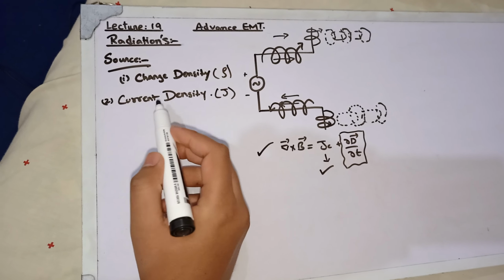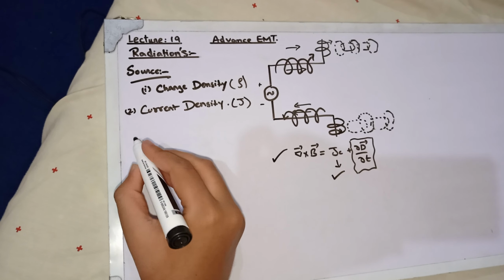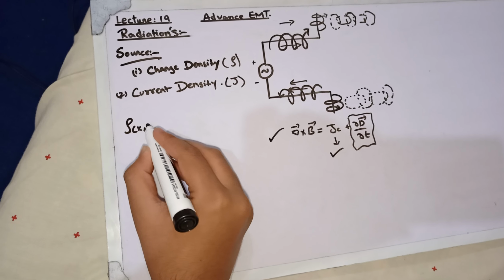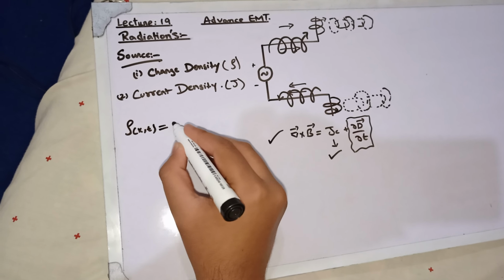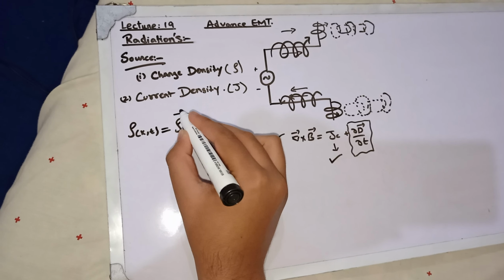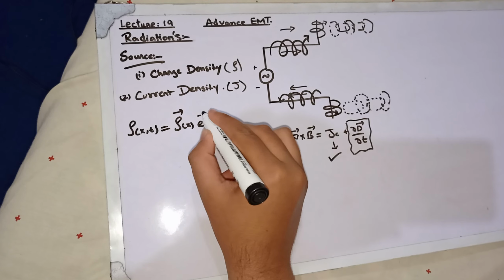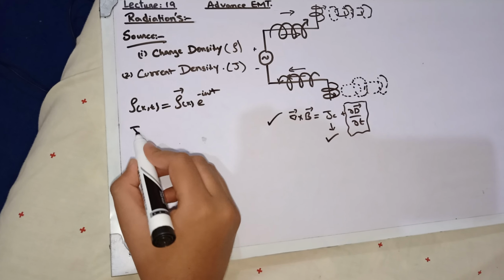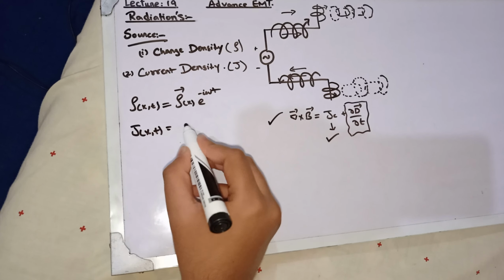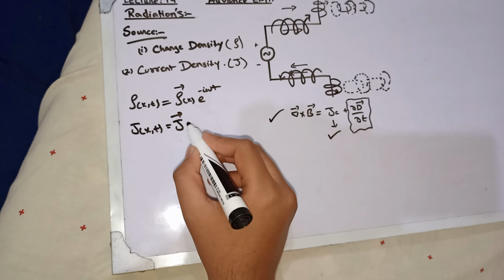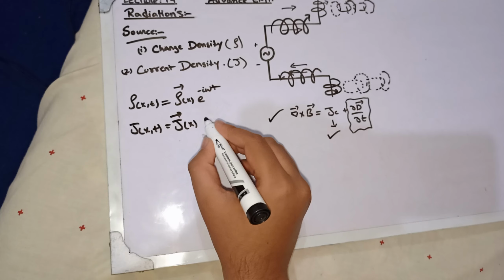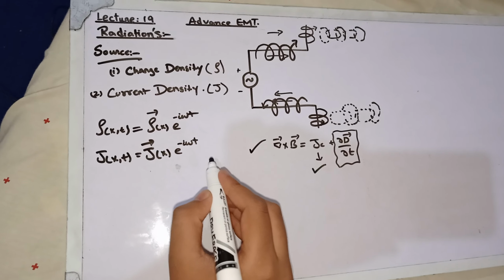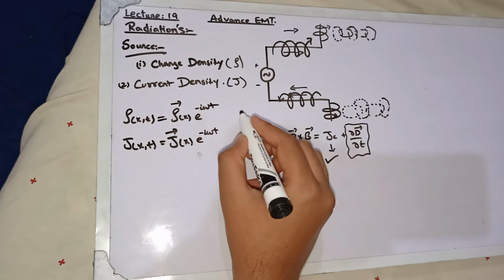If these are included, their space-time equations can be written as follows. For charge density, rho of x,t is written as rho of x, which is the space part, times the time part e to the power minus iota omega t. And the current density in space-time is J of x, the space part, times e to the power minus iota omega t. These are your main equations.